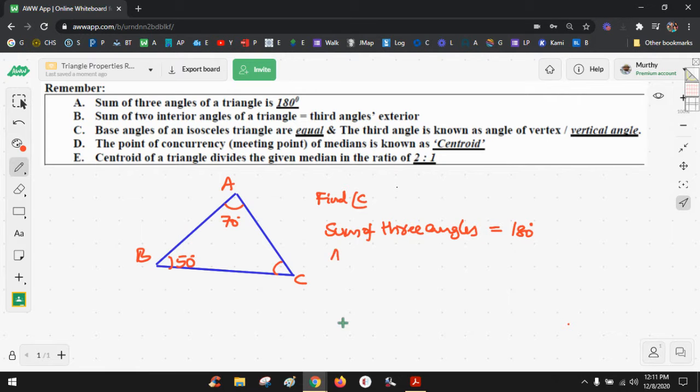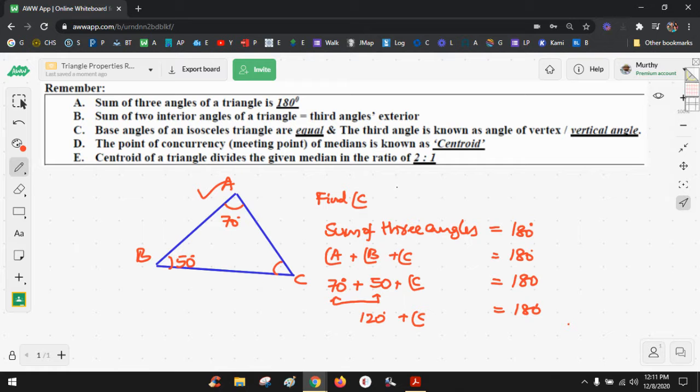So here, angle A plus angle B plus angle C equals 180 degrees. It's given that angle A is 70 degrees plus angle B is 50 degrees and C is not known, equals 180. We can combine 70 and 50, that gives me 120 degrees plus C equals 180.